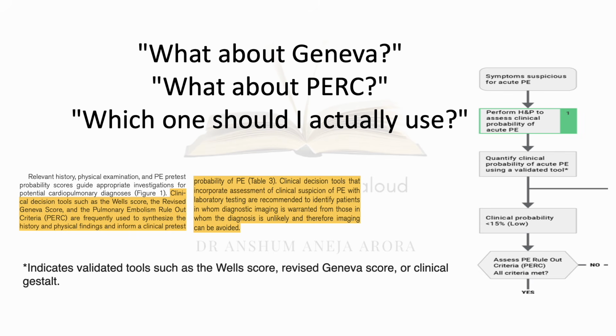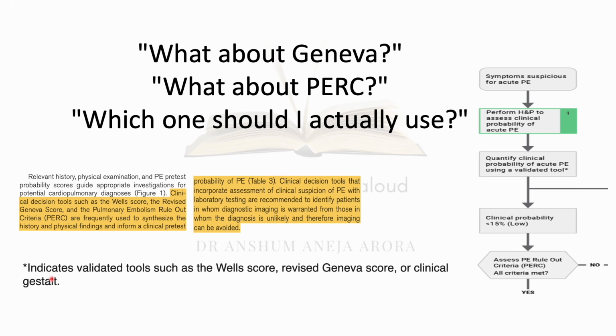So it has discussed all these three scores and has mentioned that in the appropriate clinical context, you can use one. If I talk about PERC, which is the PE rule-out criteria, they are specifically intended for very low risk patients to avoid unnecessary testing. But when you're talking about estimating the pretest probability, you will either use a Wells or a revised Geneva score. So it supports the use of these two more.